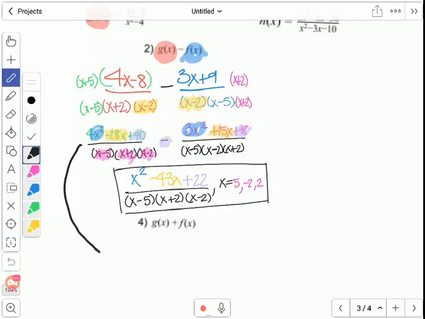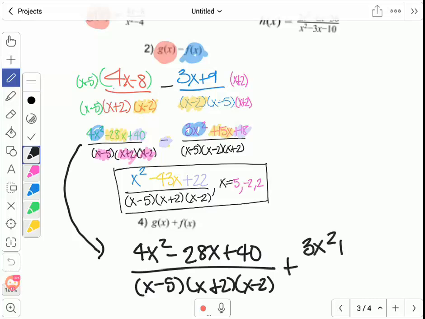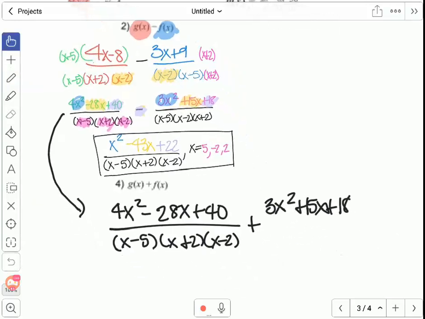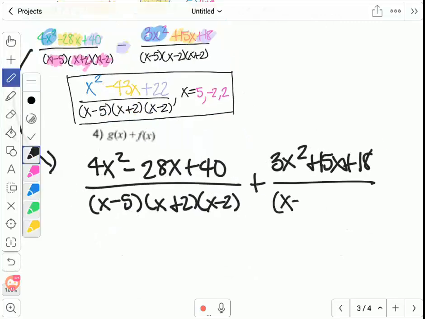So I'm going to go ahead and bring that step down, and I'm going to rewrite that problem as 4x squared minus 28x plus 40 over x minus 5 times x plus 2 times x minus 2 plus 3x squared plus 15x plus 18 over, forgot to write the denominator, that kind of helps, over x minus 5 times x minus 2 times x plus 2.